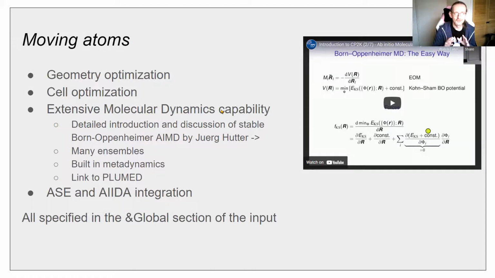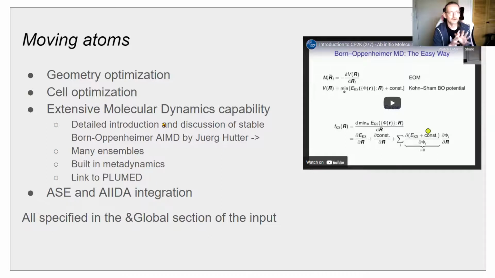So as you increase the system size, you'll see the cost of CP2K changing from linear scaling to cubic scaling. There's geometry optimization, where you keep the cell fixed and just move the internal atomic coordinates. There's cell optimization, where you do the same thing but also move the cell; you can keep the angles fixed, or keep the symmetry of the space group.